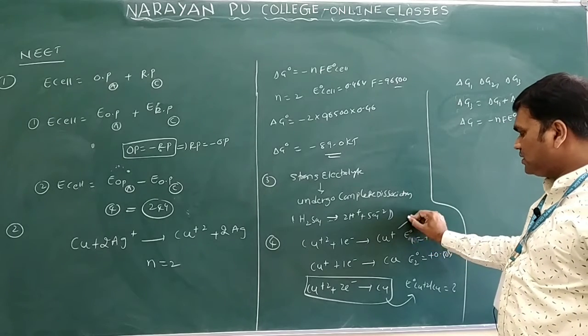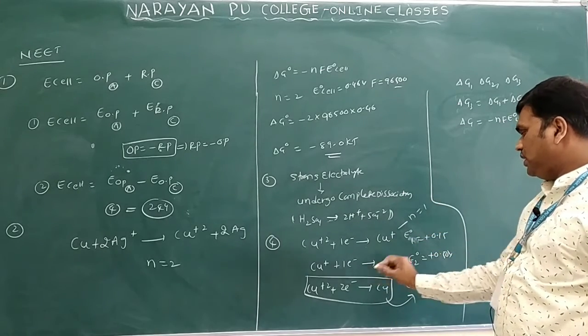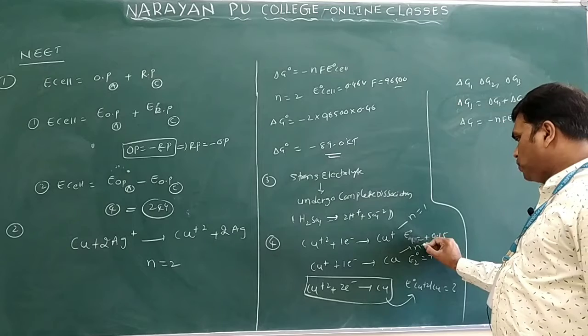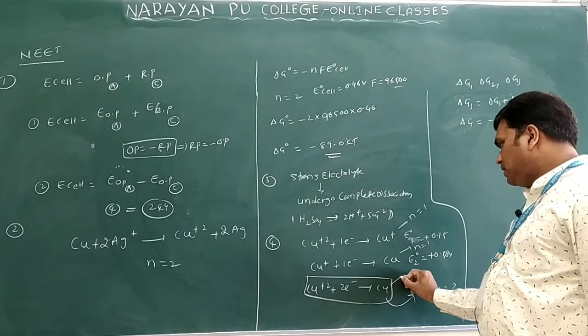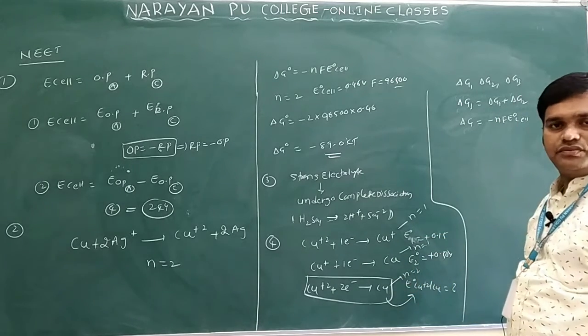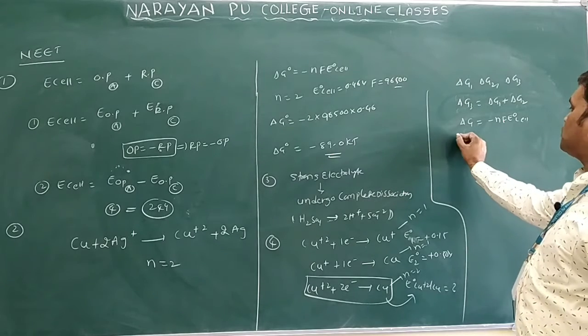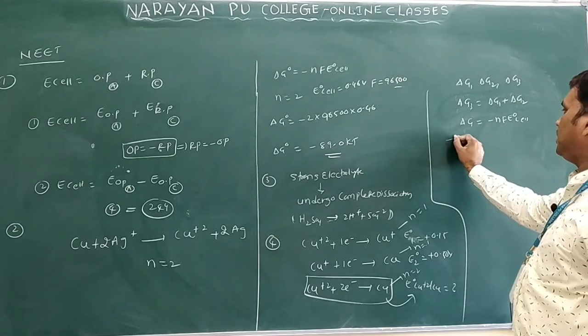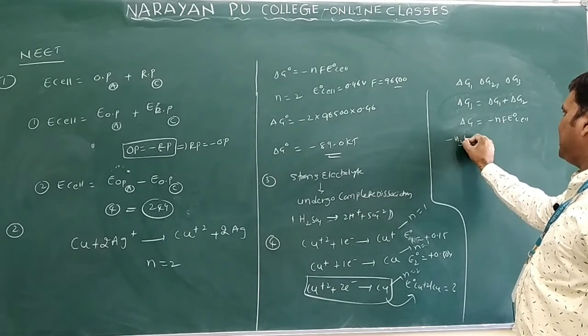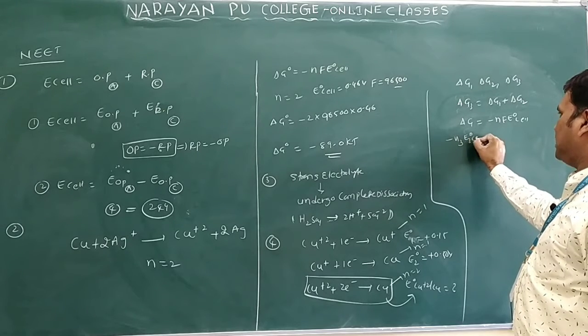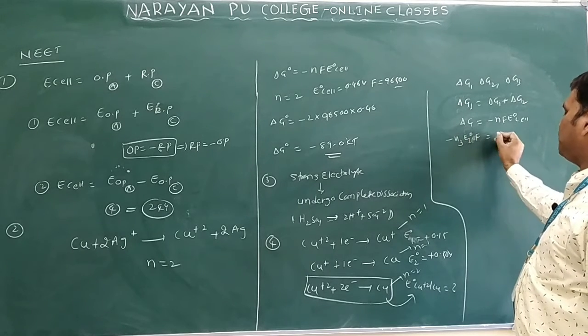How many electrons are involved here? Here n is 1, here also n is 1, and here n is 2. So delta G3 is minus n3 E3 0 F.